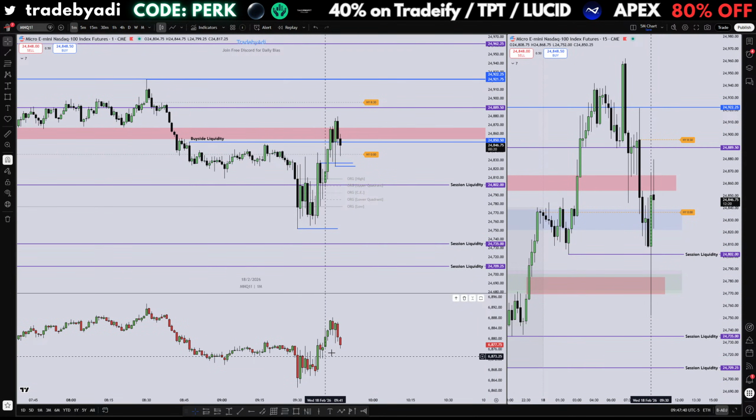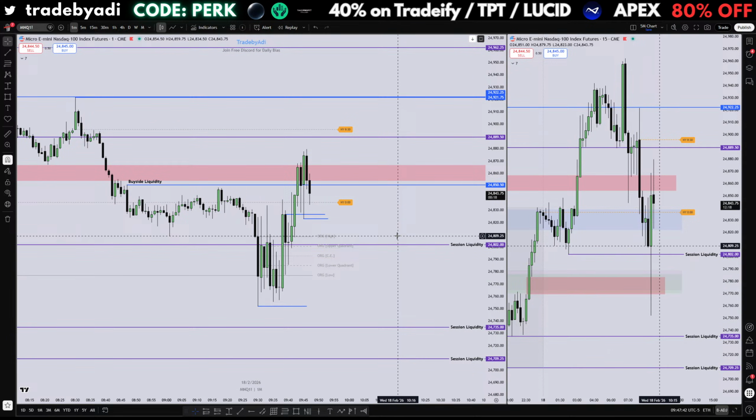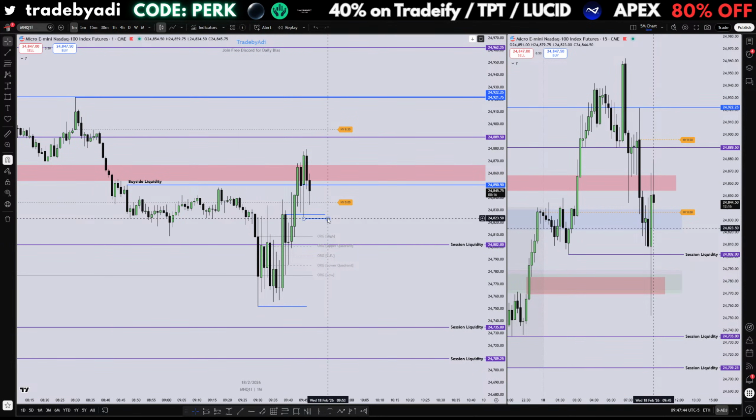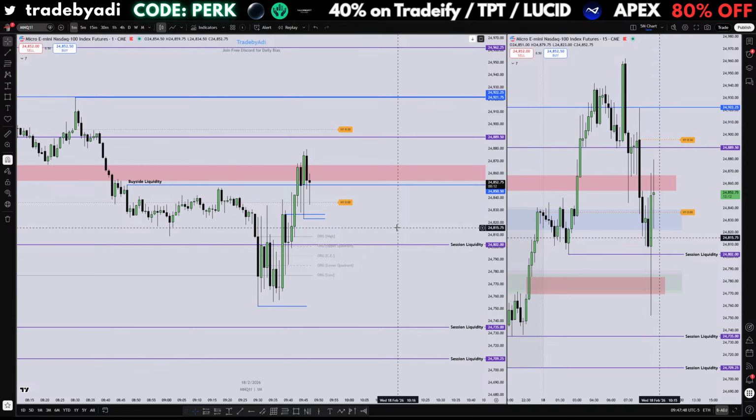ES also started falling down. Let's see, do we get some kind of market structure shift with the fair value gap or not?